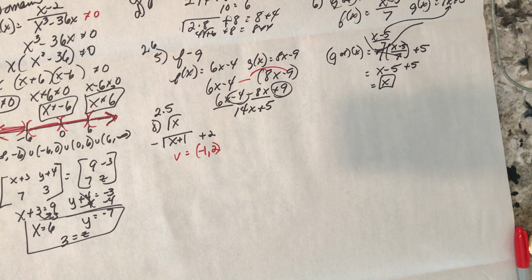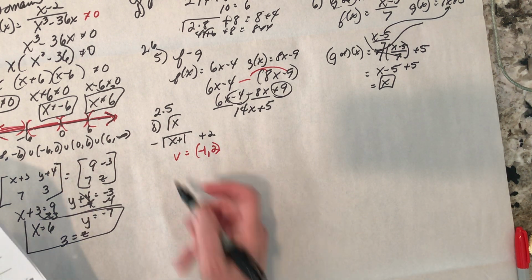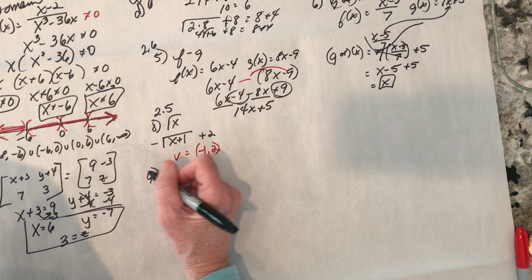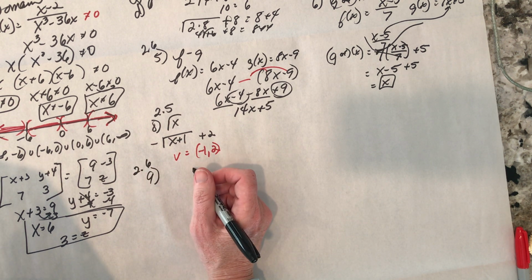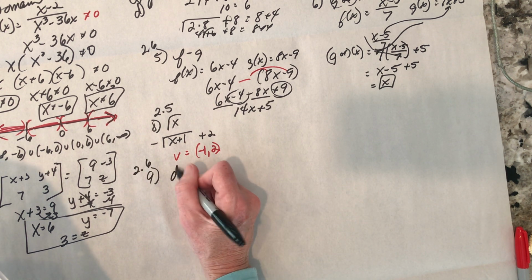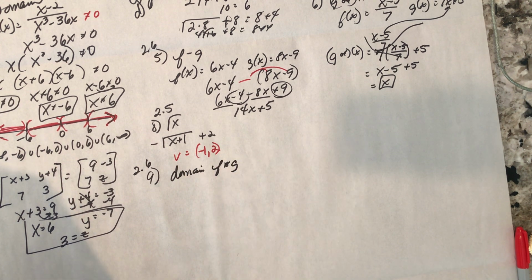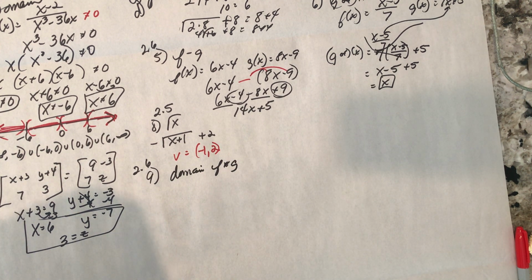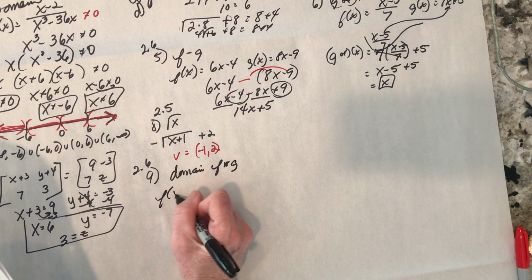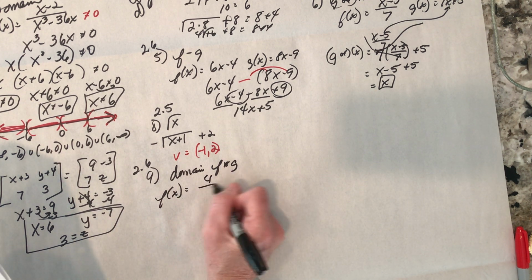Number 9 is another domain problem. Number 9 comes from section 2.6, and it's asking you to find the domain for the function f times g. You can see that f of x is the only one that's got a denominator.